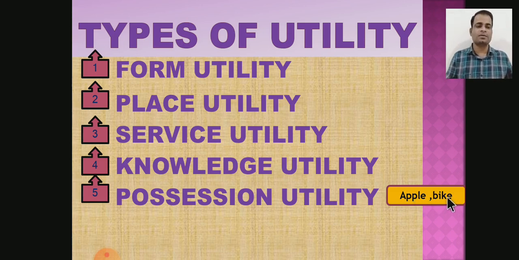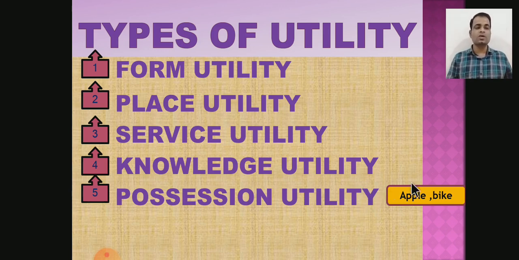In the same way, we may take the example of a bike also. The bike is transferred from seller to buyer. When the bike is purchased by us and as a result ownership of that bike is transferred from one person to another person, the utility of the bike increases due to the ownership which is transferred.